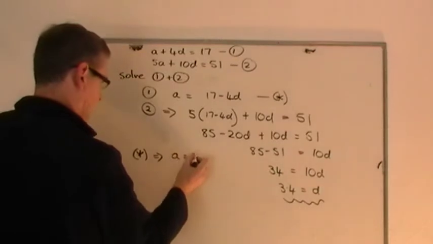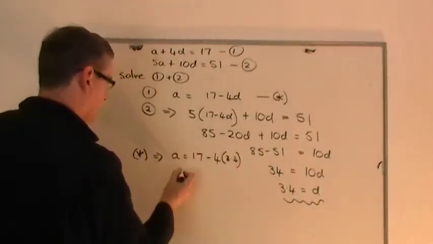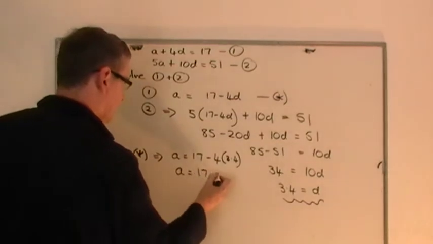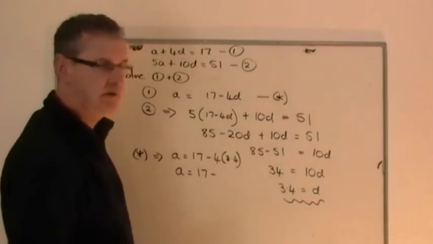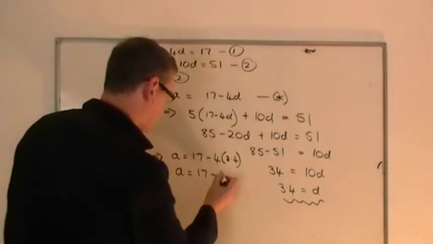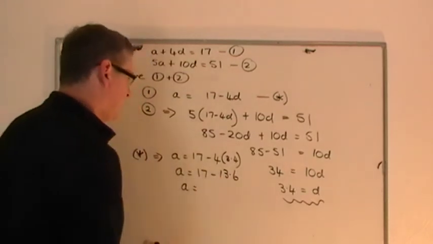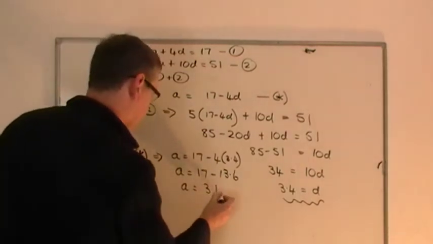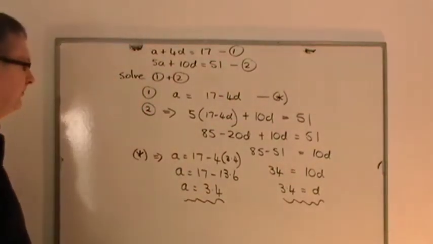So a is equal to 17 minus 4 lots of 3.4. So a turns out to be 17 minus, well, 4 3s are 12, 4 .4s are 1.6, so that's 13.6. So we end up with a is equal to 17, take away that, which is 3.4. So a is also 3.4.